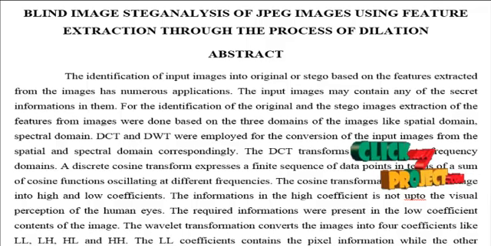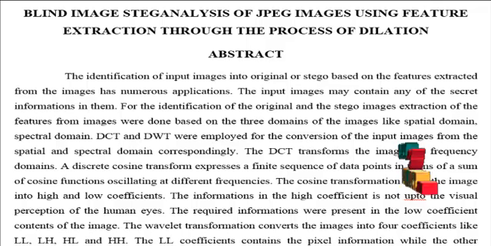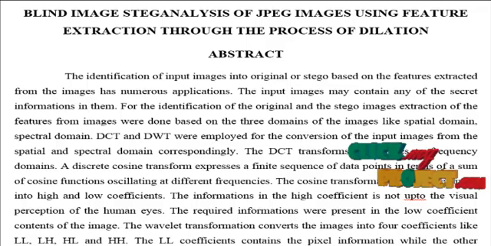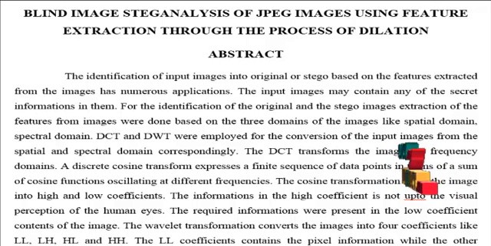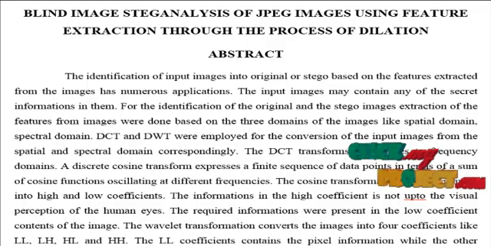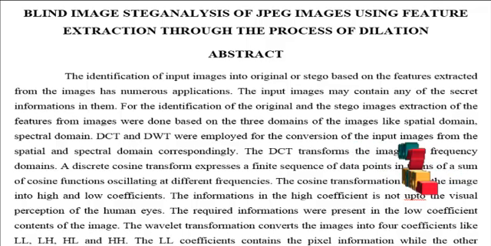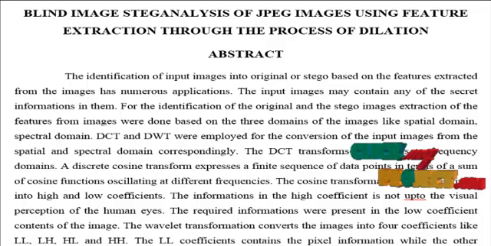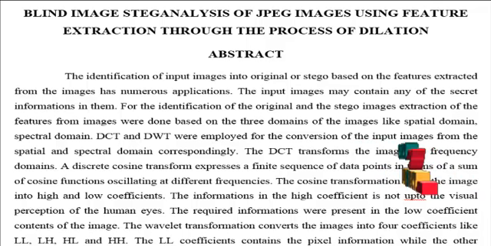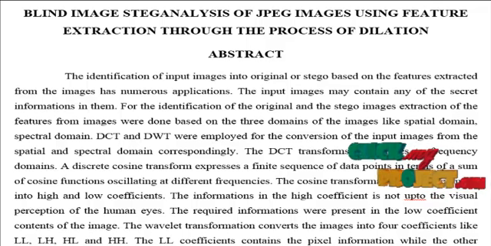For the identification of the original and the stego images, extraction of the features from the images was done based on the domains of the images, like the spatial domain and the spectral domain. DCT and DWT were employed for the conversion of the input images from the spatial to the spectral domain correspondingly.